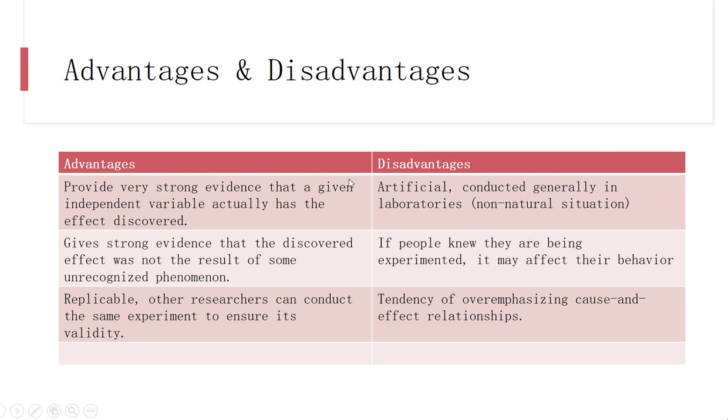Disadvantages: it's artificial, conducted generally in laboratories. Like in Bandura's experiment, it is a laboratory experiment. You put them in a confined space where you want them to be, so the natural elements around them, the interference of parents, peers, family members, access to content, and all those things are negated.